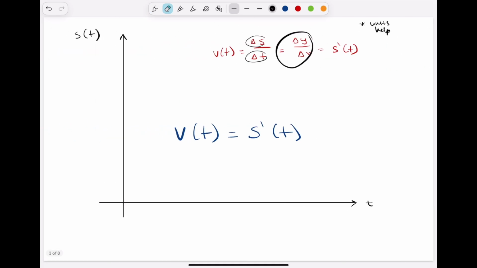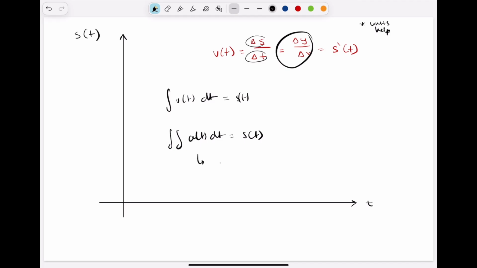And now, if we sum this up together, since the integral of v of t dt is equal to s of t, then the double integral of a of t dt is equal to s of t, because the integral of a of t dt is equal to v of t, and then we integrate that all twice to get s of t, which is our displacement.